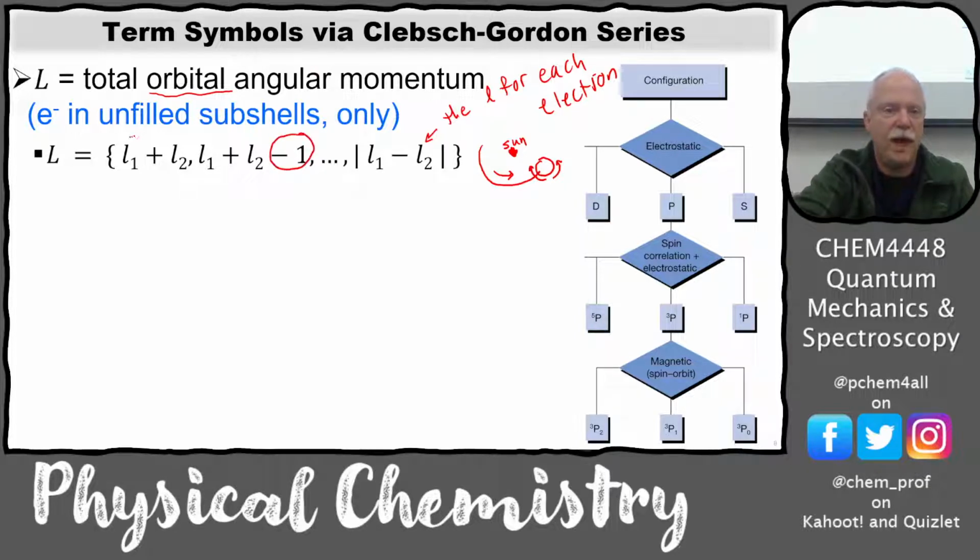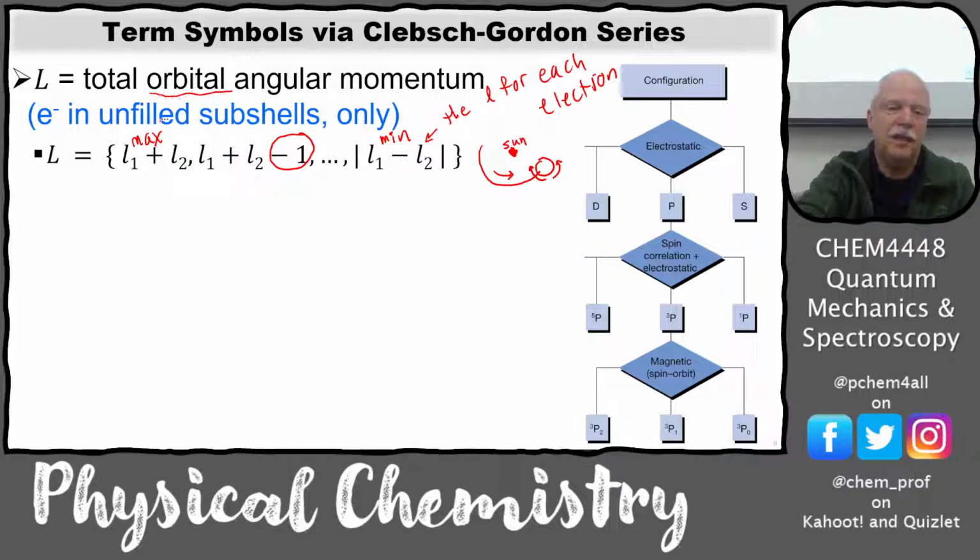So we start with the max, and that would be the orbit and the electron spinning in the same direction. So that's the max length of the vector. And then we go down and find the min. And so they could be against each other. And then we have -1 between the max and the min until we fill out the whole set.